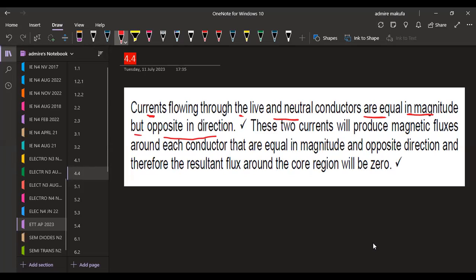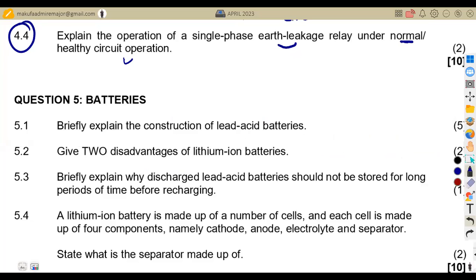These two currents will produce magnetic fluxes around each conductor that are equal in magnitude and opposite in direction, and therefore the resultant flux around the core region will be zero. So that is when it is operating in its normal or healthy circuit operation. All right, so that's 2 marks for that.